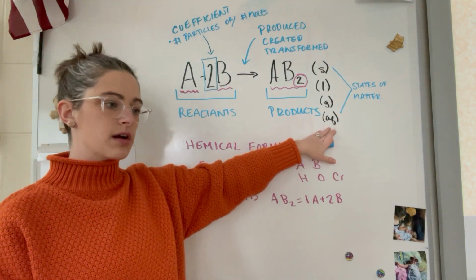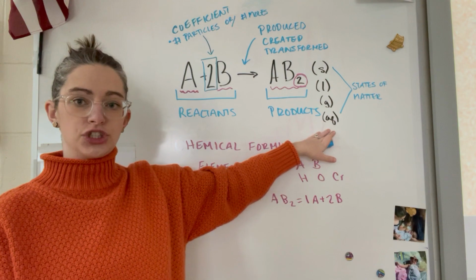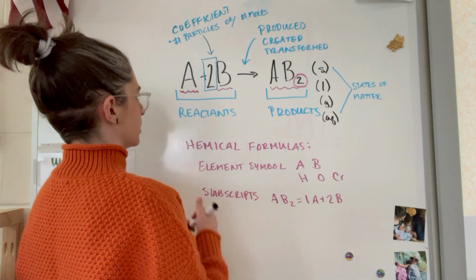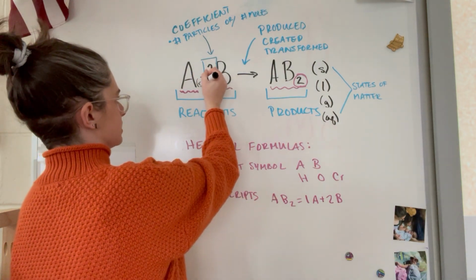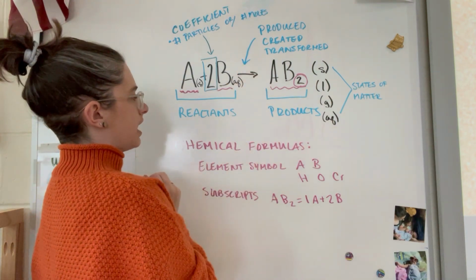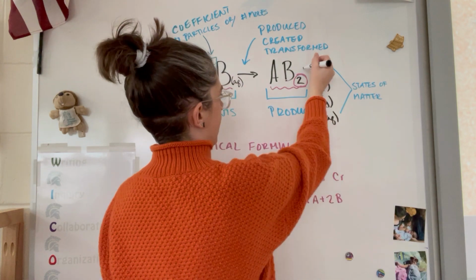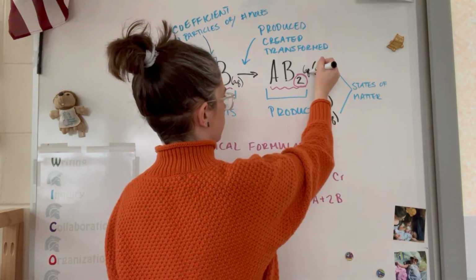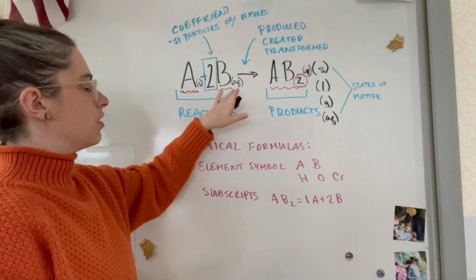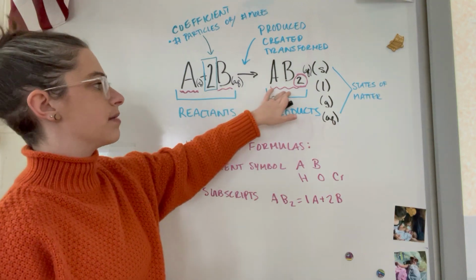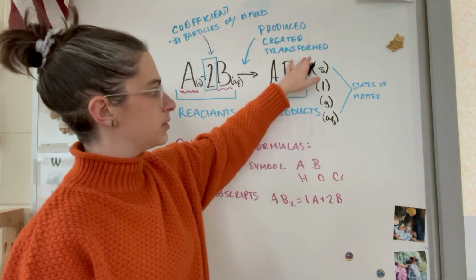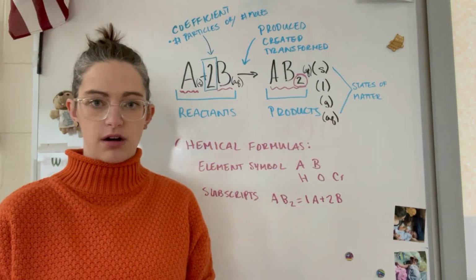AQ isn't a state of matter, but it stands for aqueous, which just means that it's dissolved in water. So if we had A and then in parentheses S, and B in parentheses AQ, and here at the end, if we had in parentheses AQ, I know that I would be reacting solid element A with element B dissolved in water, and I'd get a solution at the end of AB2 also in water. So those symbols at the end tell you what your states of matter are.